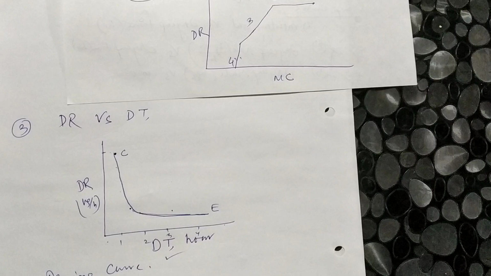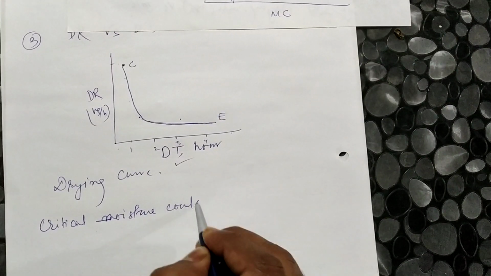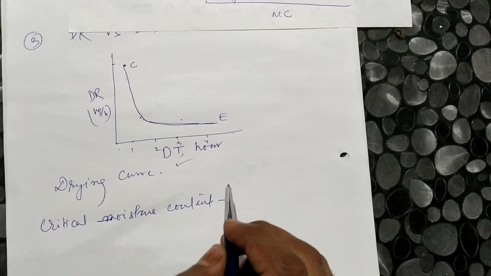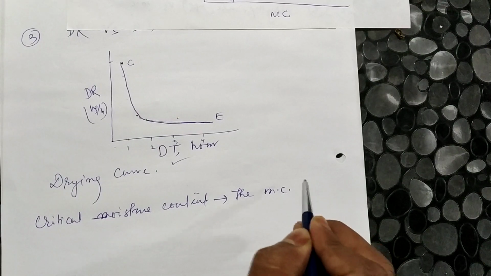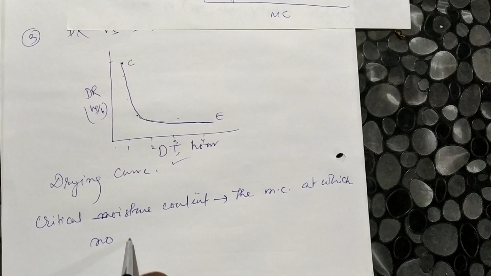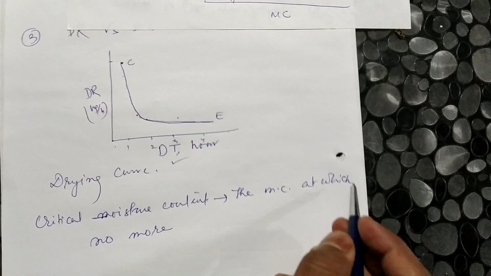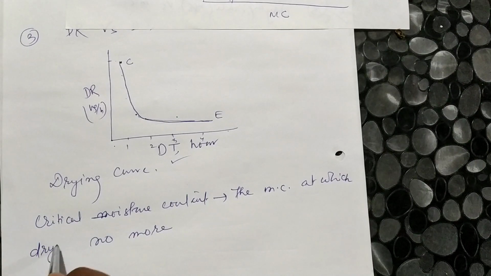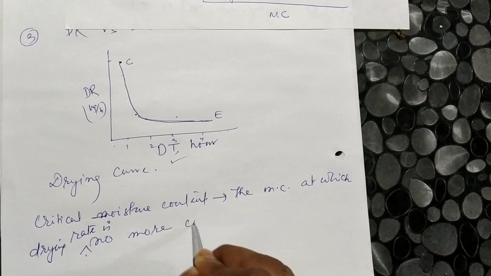So the critical moisture content is the moisture content at which the drying rate is no more constant.